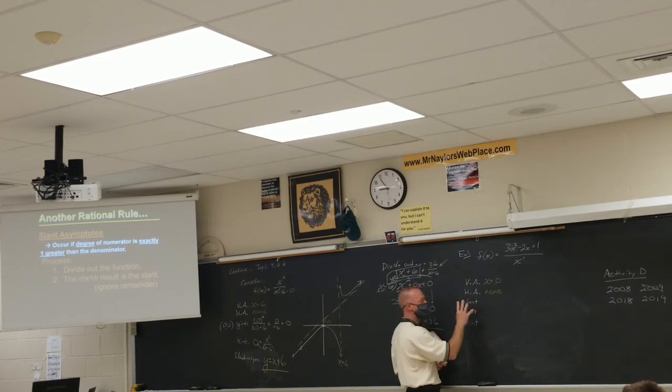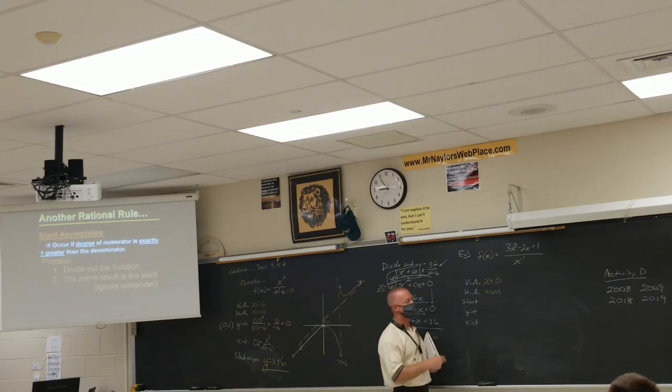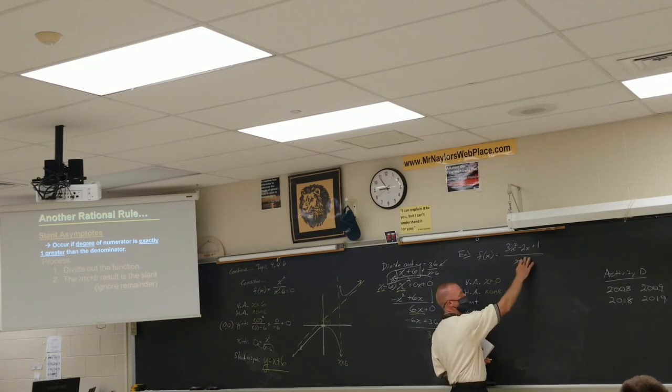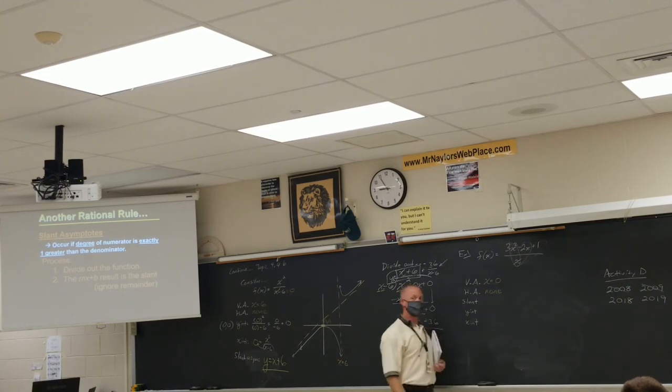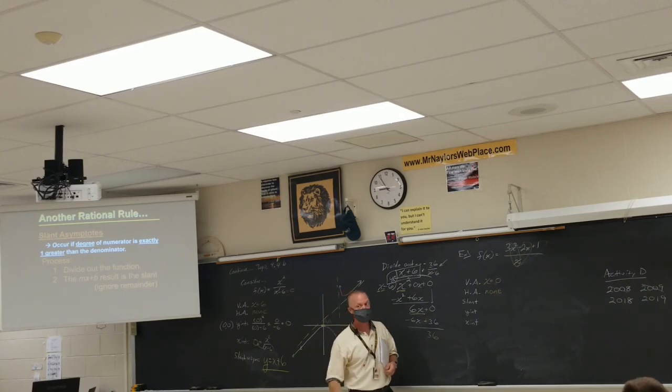So no horizontal, but yes to the slant. Now, it says up here that we're supposed to divide out the function. It doesn't say you have to use long division. Sorry if you're already setting up long division, I like that you're trying to keep rolling, but that's also division, to literally divide by x. It's actually a simpler form of division.